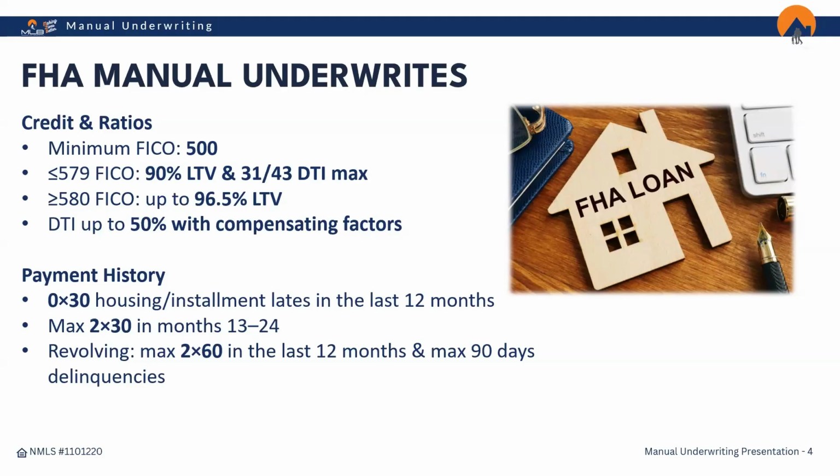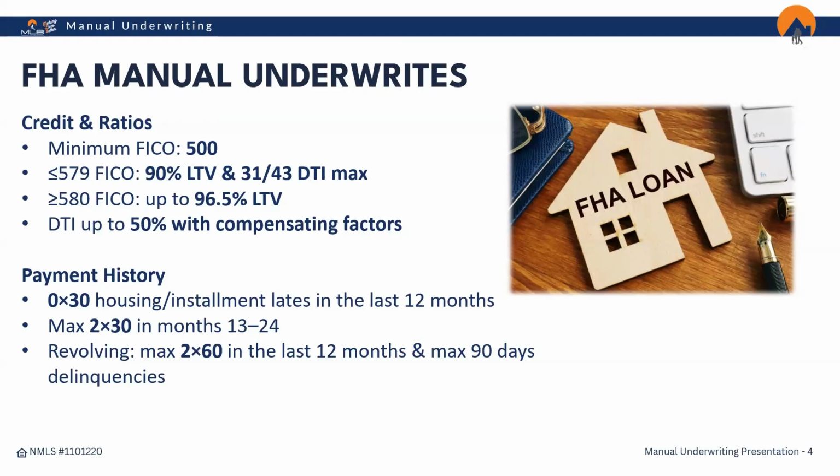Now, if you have a borrower with a higher FICO, anything over a 580, you can use the full FHA all the way up to the 96.5% LTV. So that's the biggest thing: the higher the FICO, the closer the manual underwrite is going to be to traditional LTVs on FHA.